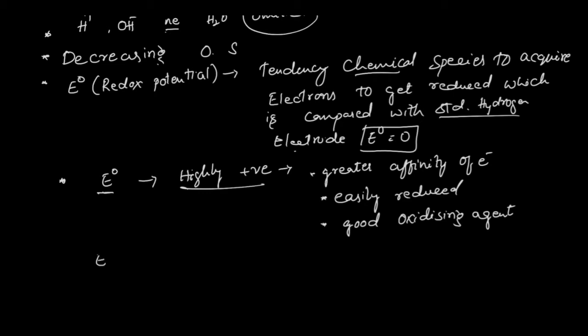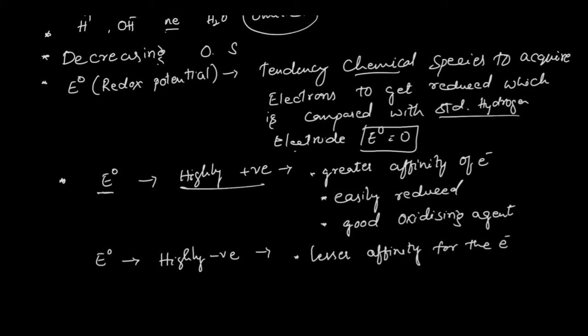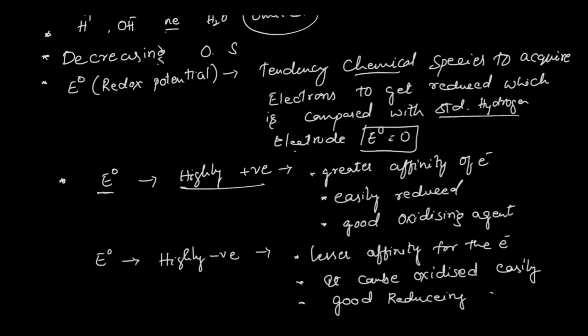Suppose the standard reduction potential is highly negative. That indicates a lesser affinity for electrons, so it won't accept electrons, it can lose electrons, so it can be oxidized easily. That means it acts as a good reducing agent.